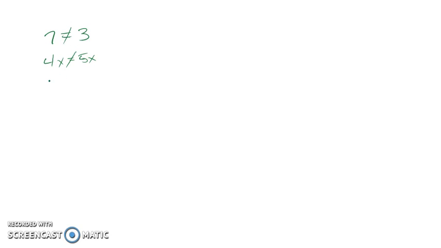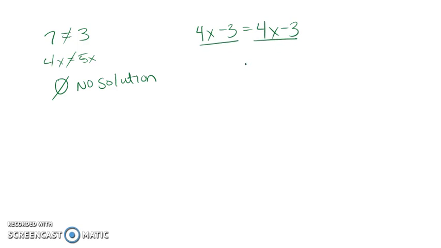If your solution does not equal, you have no solution. And then if you get to a point where it might be 4x minus 3 is equal to 4x minus 3, you know that because these two expressions are equal to each other, no matter what number I put in for x, it's going to be true. So that solution would be all real numbers.